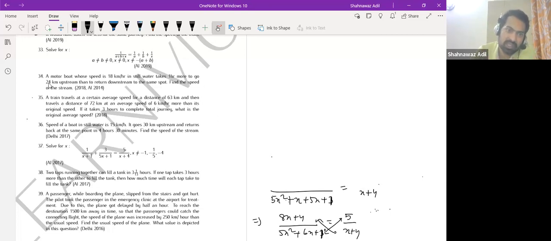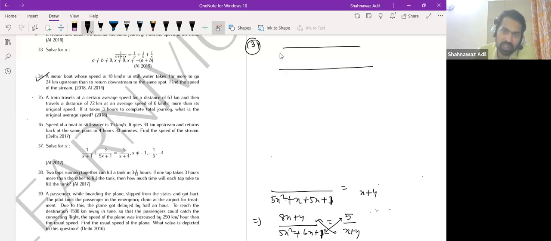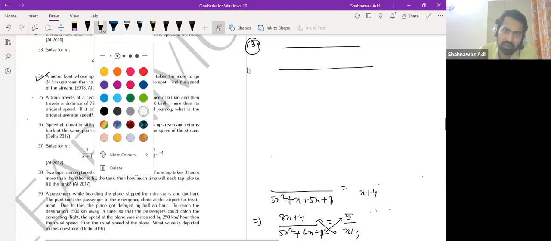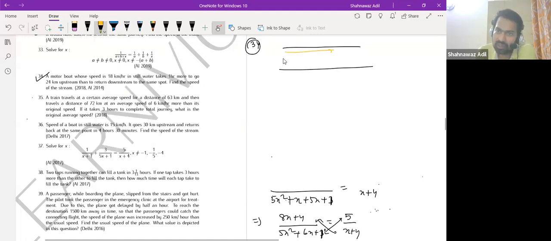Okay, this is the 34th question. We have this river, right? Let's say it is flowing in this way, so the stream is flowing in this direction. If the motorboat is moving against it, in this direction, is it going upstream or downstream?